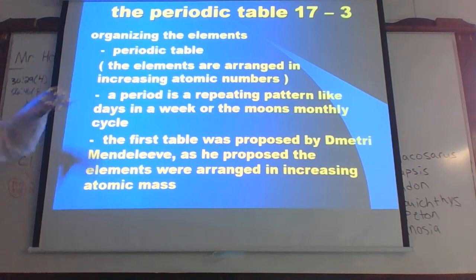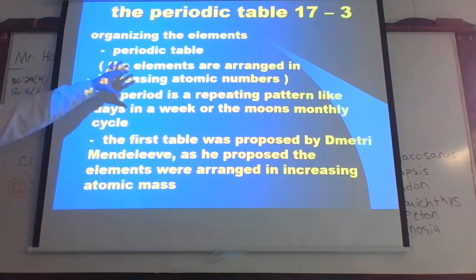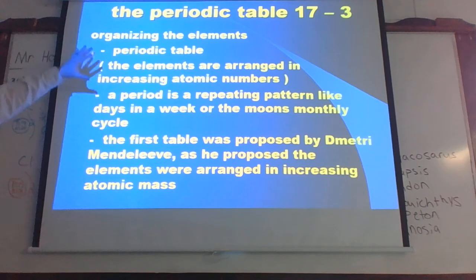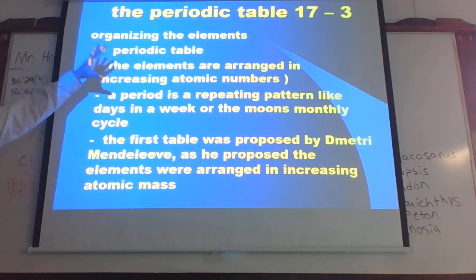So, organizing elements. We've been spending some time with this. No surprise here. They're arranged in increasing atomic numbers. That's why you see 1, 2, all the way up to 118. There are some exceptions in some areas where it's not arranged in increasing atomic mass, but rather increasing atomic number.